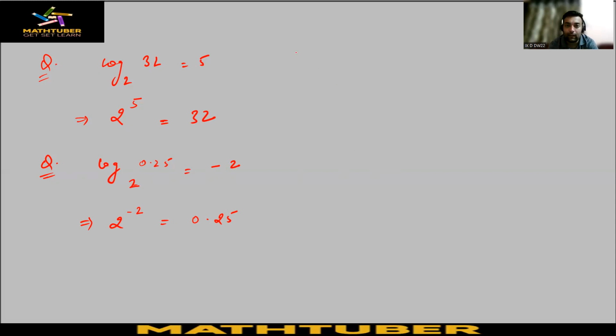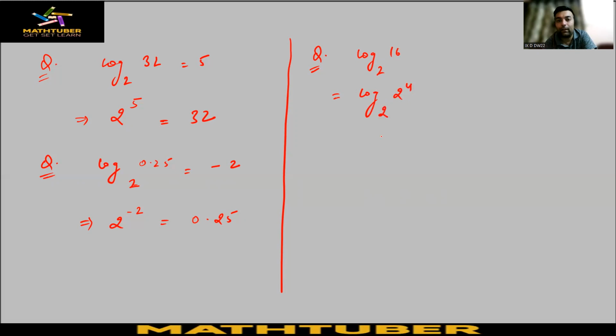Then if we want to find out a value, suppose we have another type of question. For example, we have log of 16 with base 2. What we have to do in this type of question is convert this 16 in terms of 2. We know that it is equal to 2 raised to power 4, right?